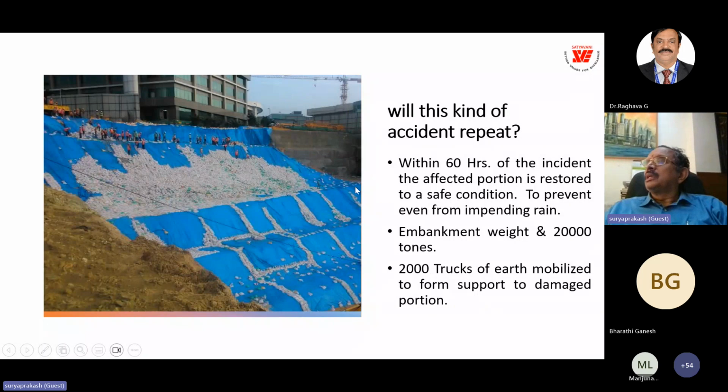Then we put the sandbags and restored the stability of the existing structure, and we also gave stability to the soil. And then slowly we rehabilitated the excavated line back with the normal nailing and gunniting technique.